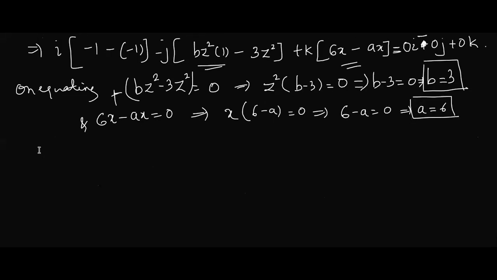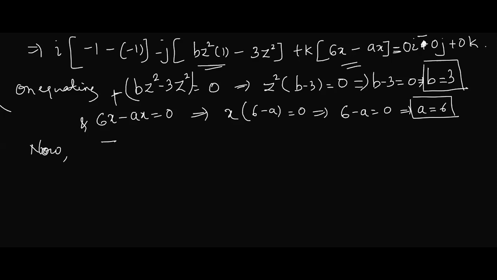What is the second half? Can anybody read for me? Find the scalar potential. Yes, we have to find the scalar potential function. So now start with the condition. Recall what is the condition to be started to find phi.